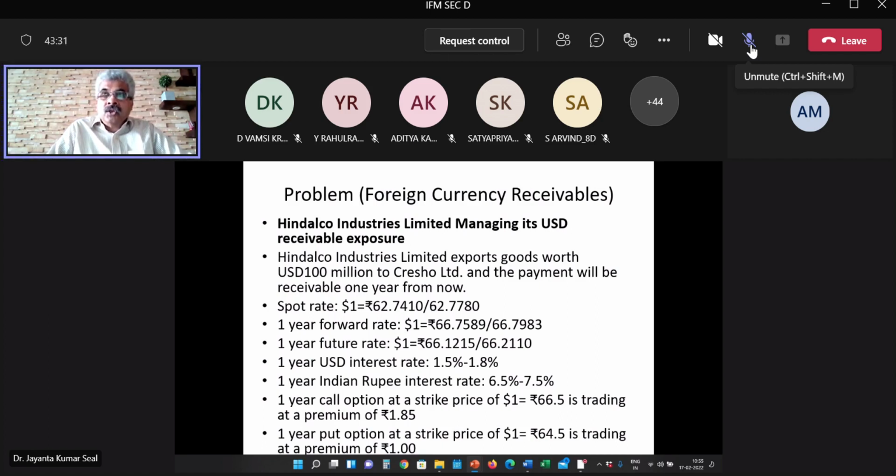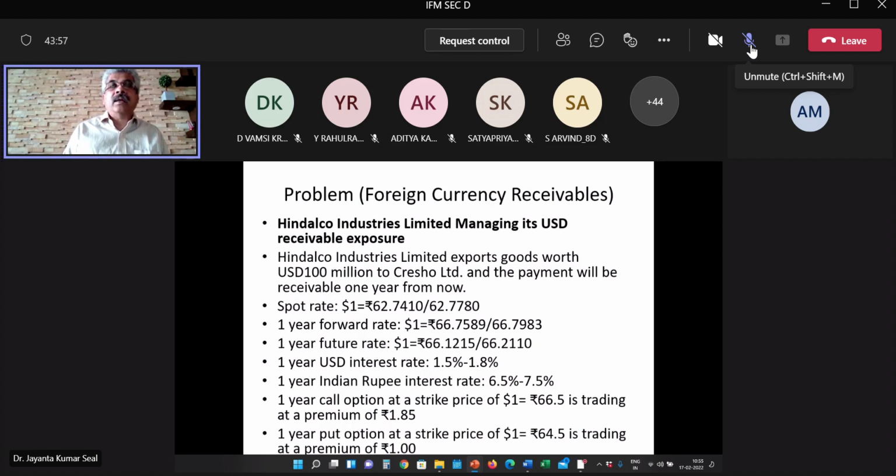So if you borrow dollars today for a period of 1 year, after 1 year you have to repay the dollars. How do you repay them? The dollars which you are receiving from Hindalco, from Creso Limited, will be utilized to repay the loan. So today you borrow in such a way that you have to repay $100 million after 1 year.